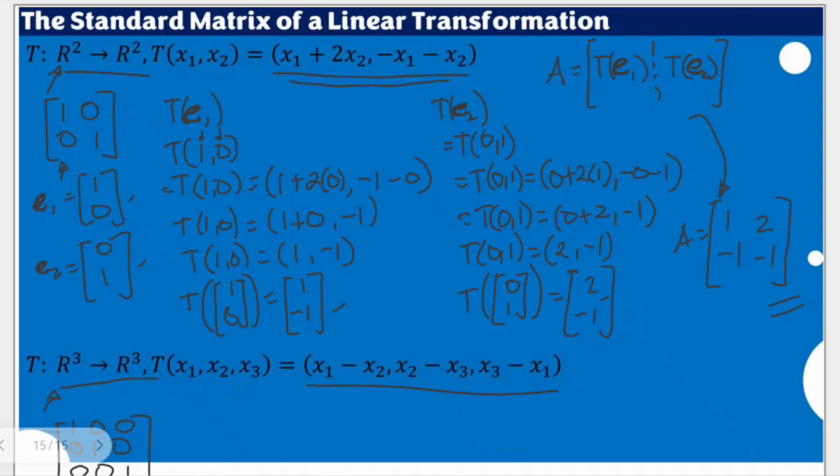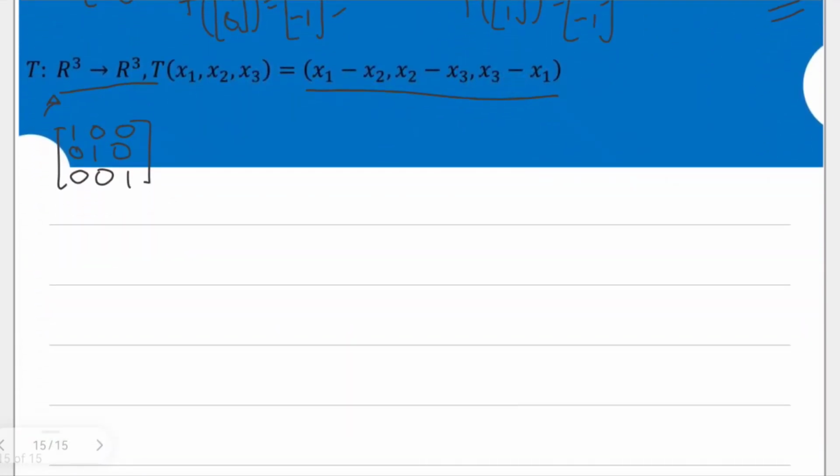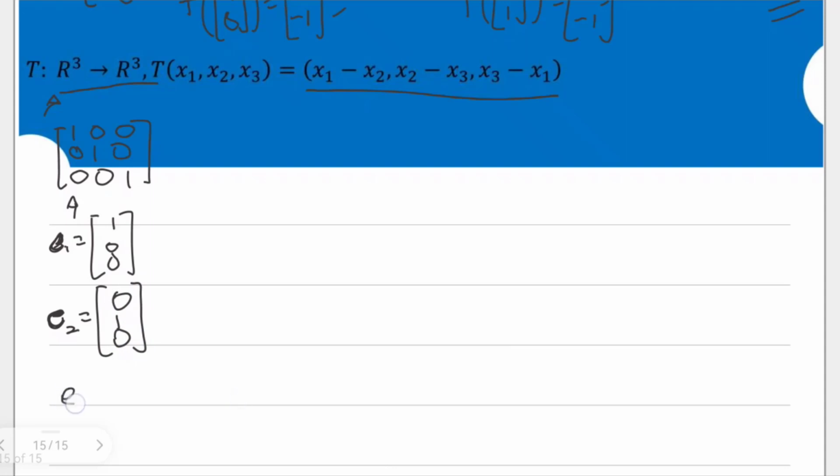Now, let's proceed to the second, as this is on R3 to R3. Again, this would be our first vector, E sub 1. You'll take 1, 0, 0. Our E sub 2 will become the next column, 0, 1, 0. And for our E sub 3, our third column, 0, 0, and then 1.